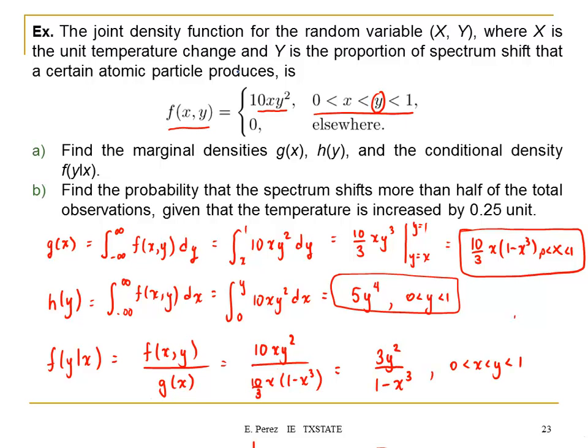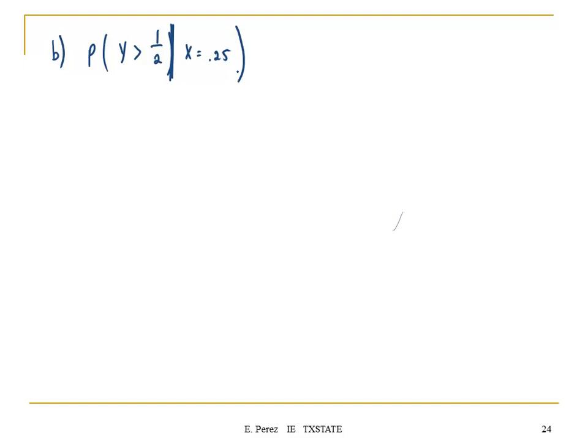This is given by y, given that the temperature is increased by 0.25 units, which is x. So the expression is right here, probability of y being greater than 1/2, given that x equals 0.25.